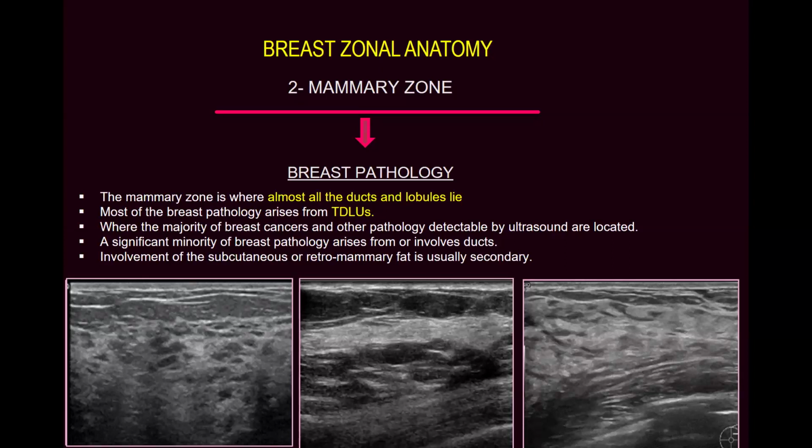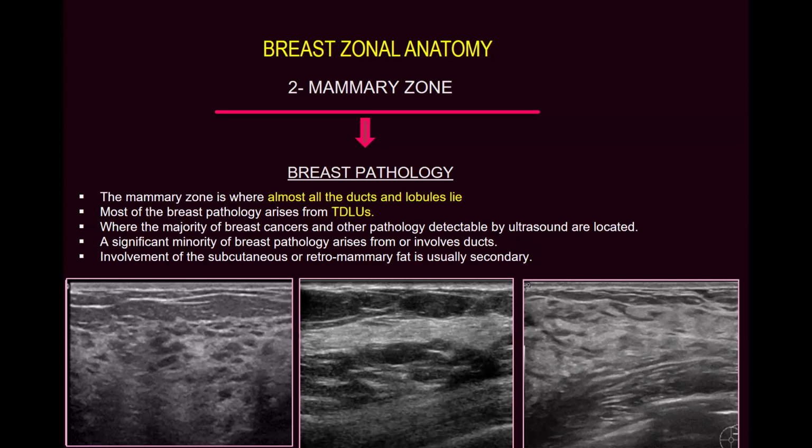No, still we are talking about the mammary zone. As we have mentioned before, almost all ducts and lobules are within the mammary zone. That means we expect virtually all pathology to be visualized within the mammary zones.